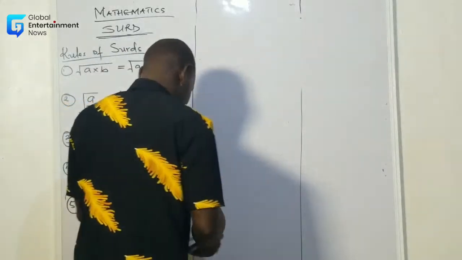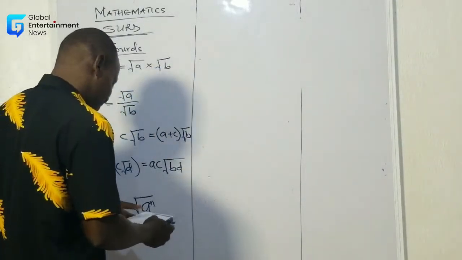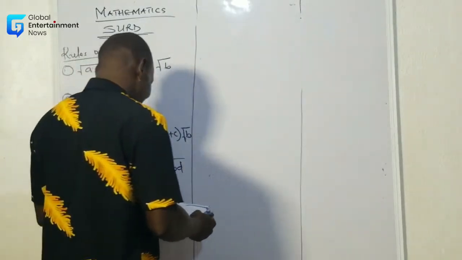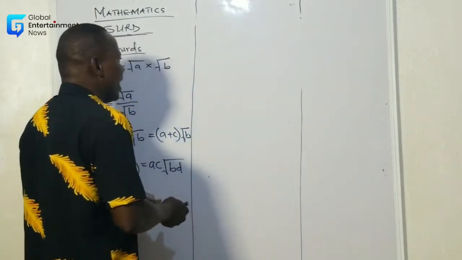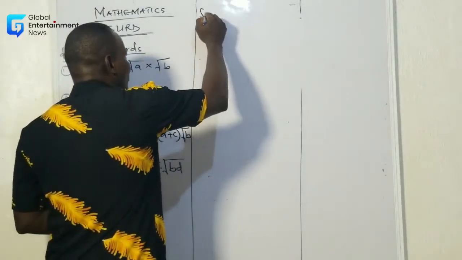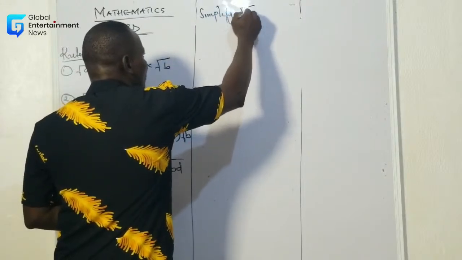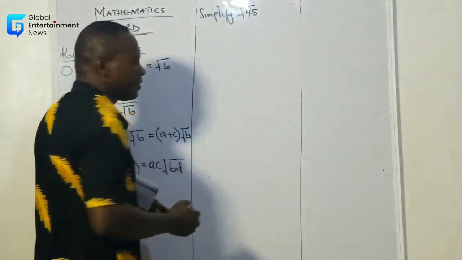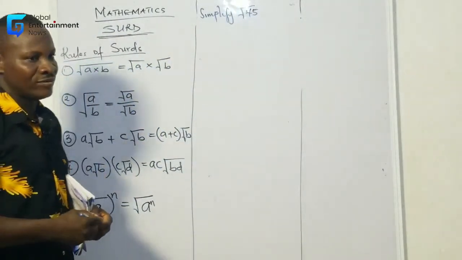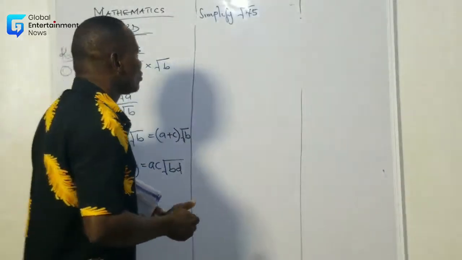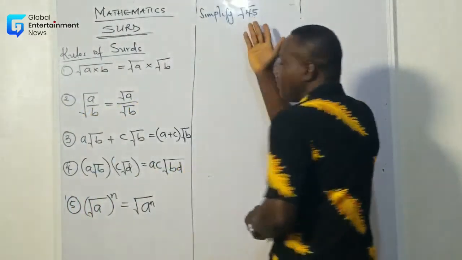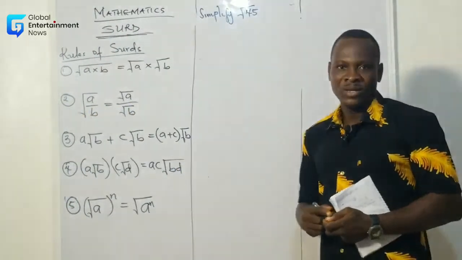Okay, looking at this, if we have root 45, the question says simplify root 45. Let's simplify root 45.